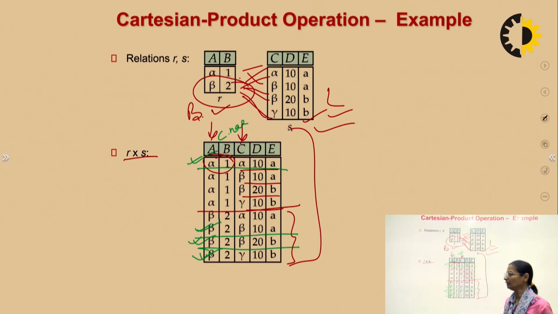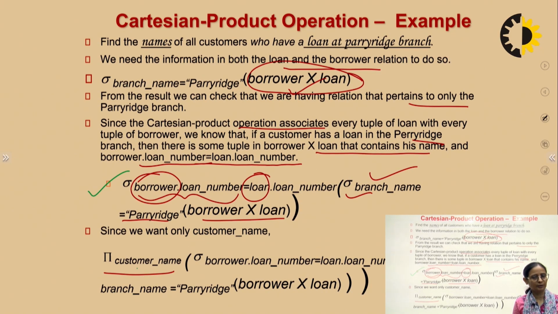So the final output would be, let's suppose, B, and it will contain the results 1 and 2. These are the 2 customers who are having the branch in Perry Ridge. Account and loan, both are in the Perry Ridge branch.